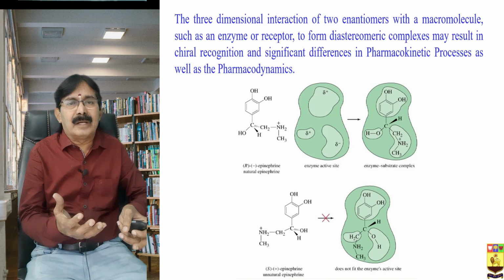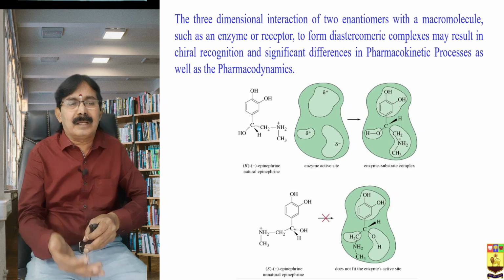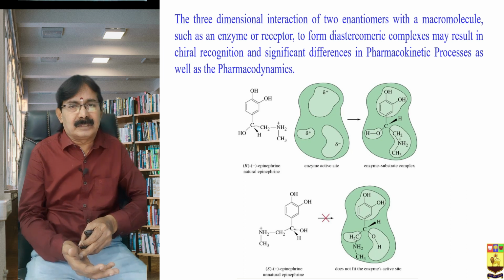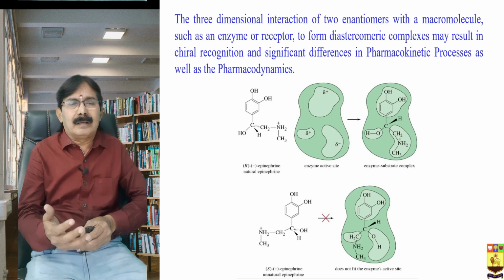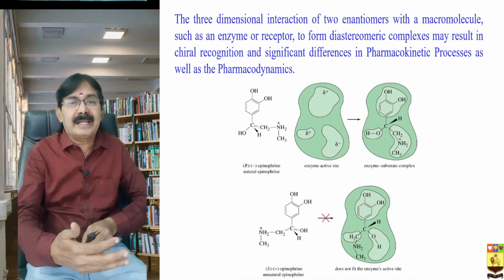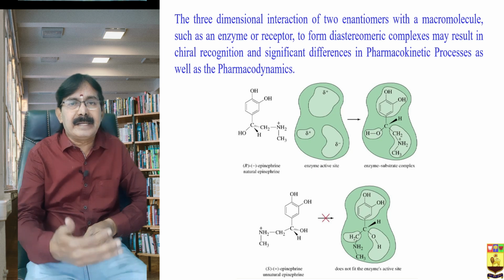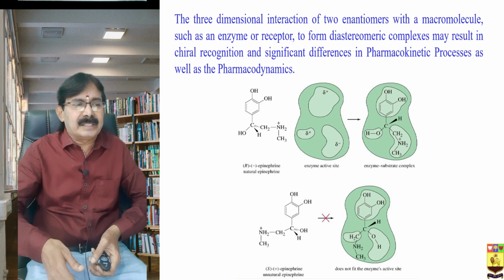The other enantiomer cannot fit. So that will regulate the pharmacokinetic process. Pharmacokinetic means how the particular drug acts in our body or in a biological system.